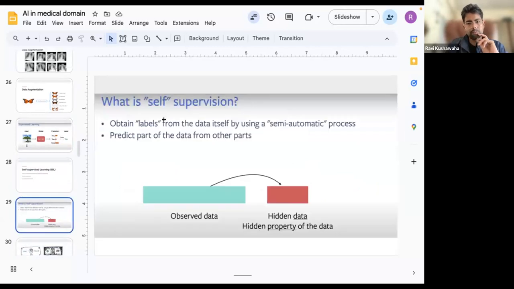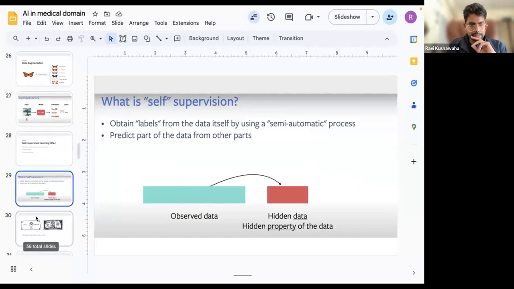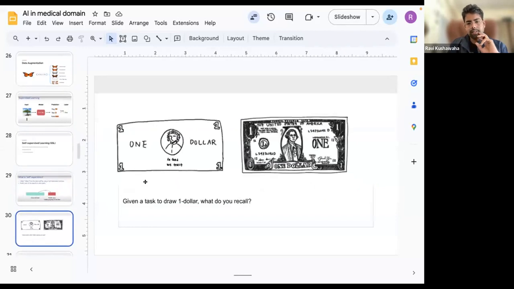So what is self-supervision? In self-supervision, we obtain labels from the data itself by using a semi-automatic process, and we predict part of the data from other parts. Let me show you through an example. This is a $1 note. On the right hand, it is the actual one, and on the left hand, it is just written ONE. There is a numerical representation 1, and there is an image of George Washington.